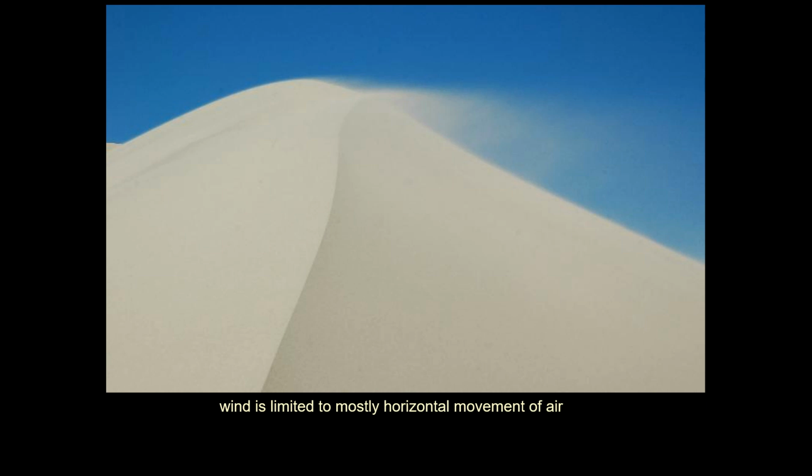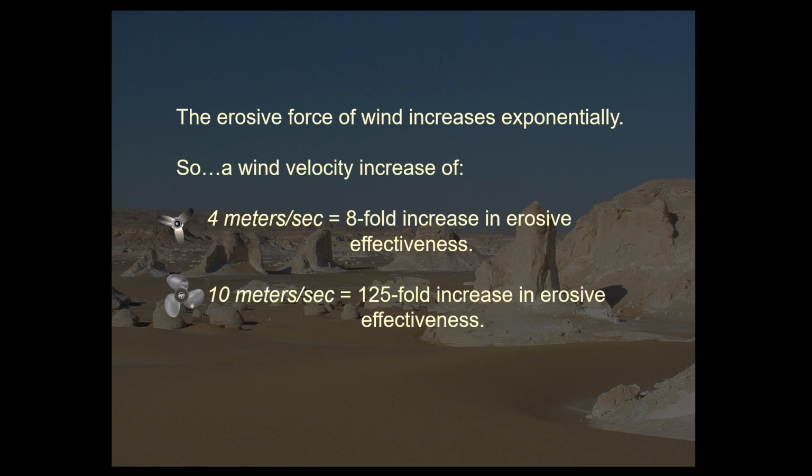We can say that wind is mostly limited to the horizontal movement of air. There are some vertical movements of air that we might consider, but here we look mostly at wind as a horizontal movement. Now, a couple of things to consider when we look at the effectiveness of aeolian erosion. The erosive force of wind increases exponentially.